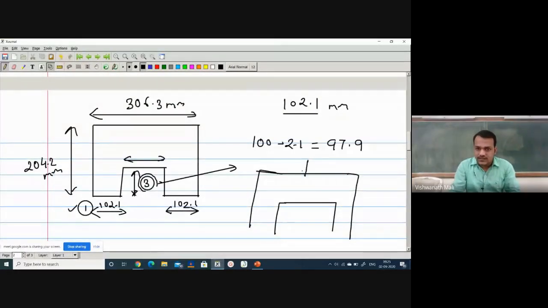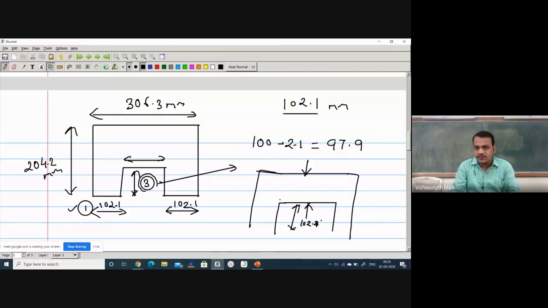When it solidifies, it decreases from this side also and from this side also. Suppose you keep this dimension as 102.1, so its dimension gets reduced.